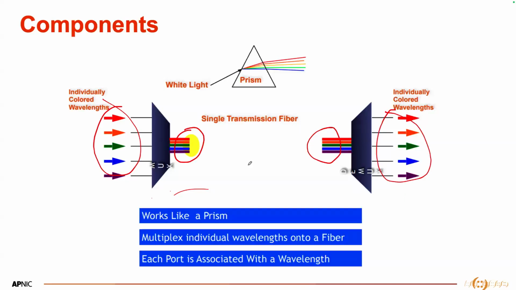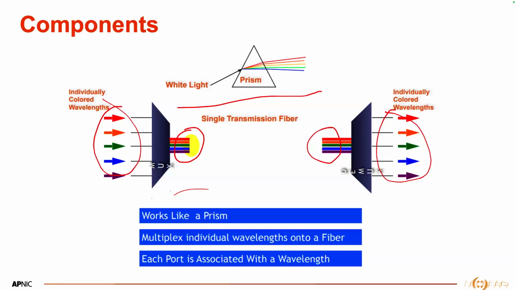So if you compare this operation, you will see the operation matches with the working principle of a prism. So in a prism, we see that if there is a white light incident on one side of the prism, the other side of the prism will actually give you different colored light.